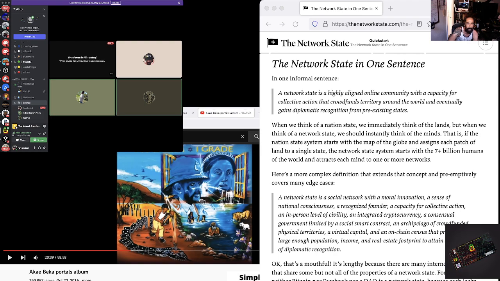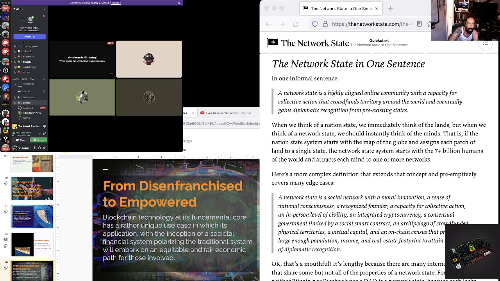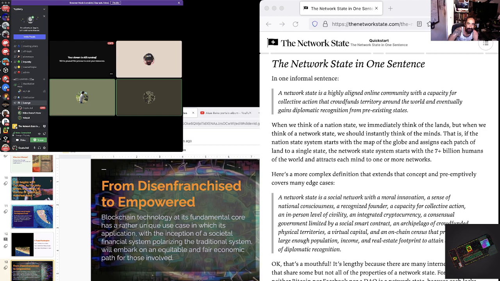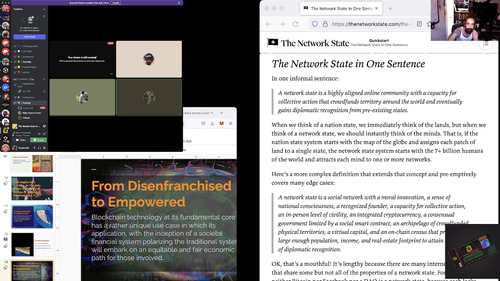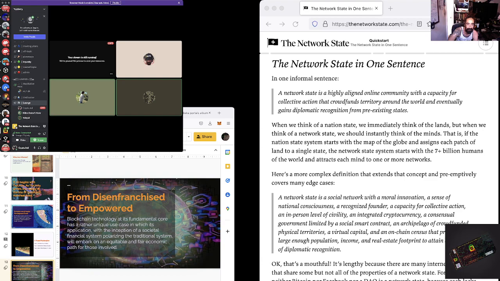For the 8,000, you get 24 hours whitelist access to sign up for everybody else. So you basically get to build out your structure before the rest of the world comes in, and then you get to benefit from all that spillover.